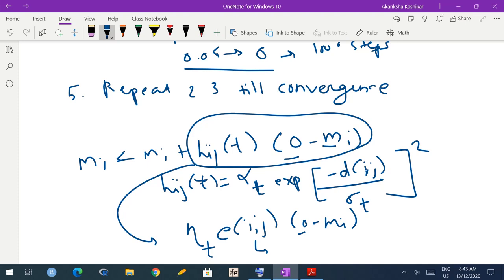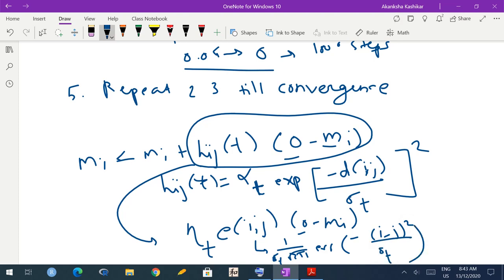So E_ij can be 1 upon sigma(t) root 2 pi, e raised to minus (i minus j) whole square upon sigma(t). So it's like a Gaussian density.